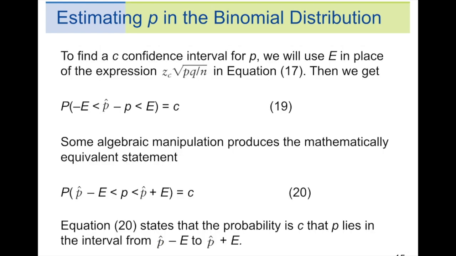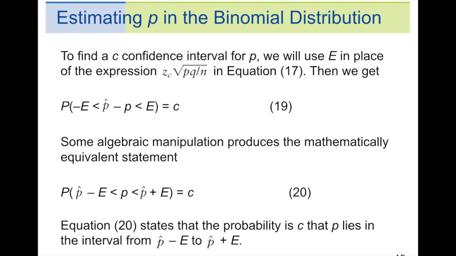To find a c confidence interval for p, we will use E in place of the expression z sub c times the square root of pq over n in equation 17, just because saying that all the time gets annoying. No, that's not the real reason, but it's just easier. Then we get the probability that negative E is less than p hat minus p is less than E equals c.